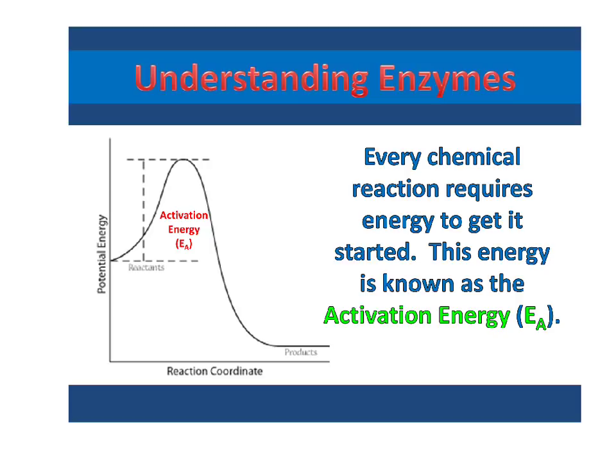Okay, so we need to understand what that means by saying speeding up chemical reactions. Yeah, I know there's a graph, and graphs are scary, but you're going to see a graph like this probably on the STAR. They like to give it. So every chemical reaction in a cell requires some type of energy to get it started. This is known as the activation energy.